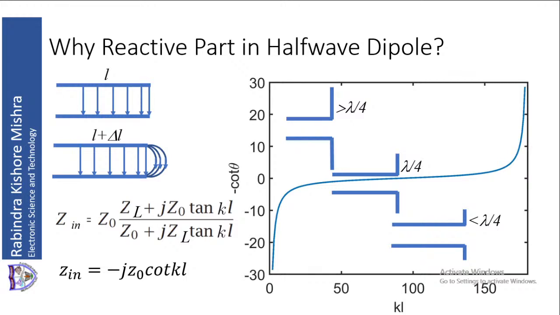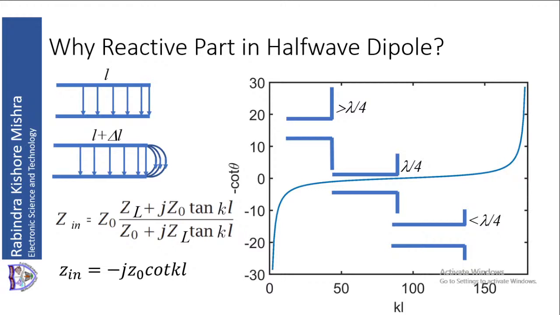So start with this value. When you design the antenna, do a simulation. In the simulation, take L plus D to be approximately equal to 0.47 lambda. Start with that. D will be there. Then optimize the L value, or do a parametric study of the L value, so that the reactive part becomes 0 or negligible.